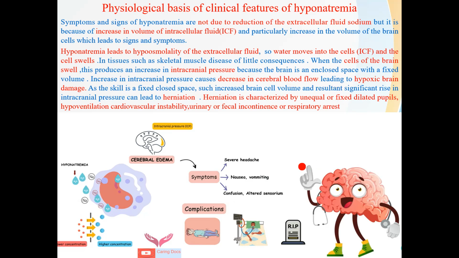As the skull is a fixed closed space, such increased brain cell volume and resultant significant rise in intracranial pressure leads to herniation of the brain. This herniation is characterized by unequal or fixed dilated pupils, hypoventilation, cardiovascular instability, urinary and fecal incontinence, and at times respiratory arrest.